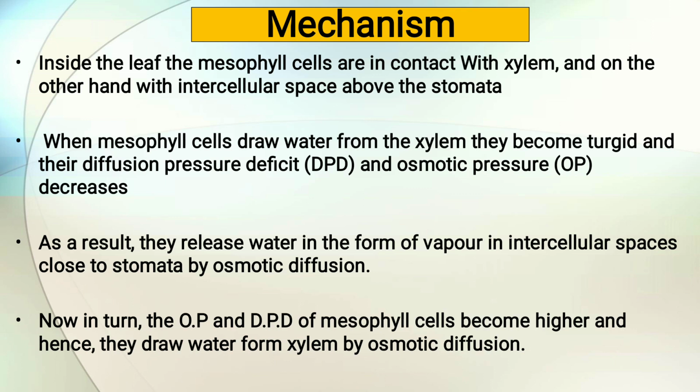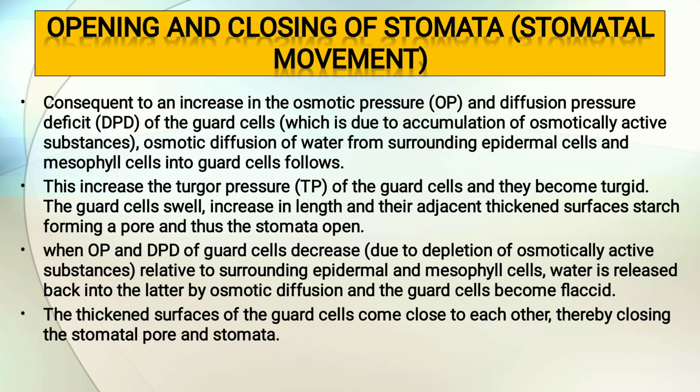Thus in the opening and closing of stomata, a turgor mechanism is involved. How this change in turgidity in the guard cells is brought about has remained a question of great controversy, and that's why many theories have been proposed to explain the mechanism.